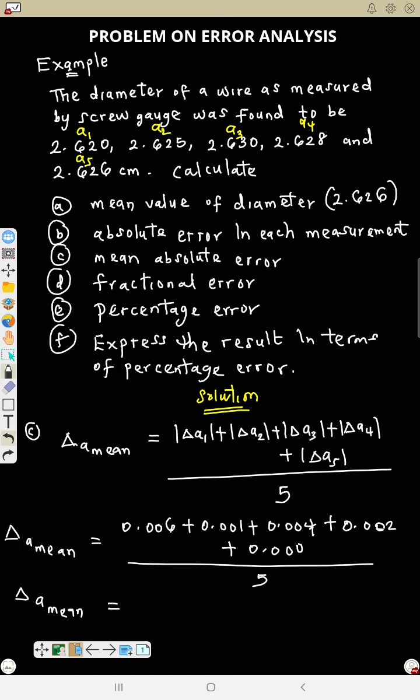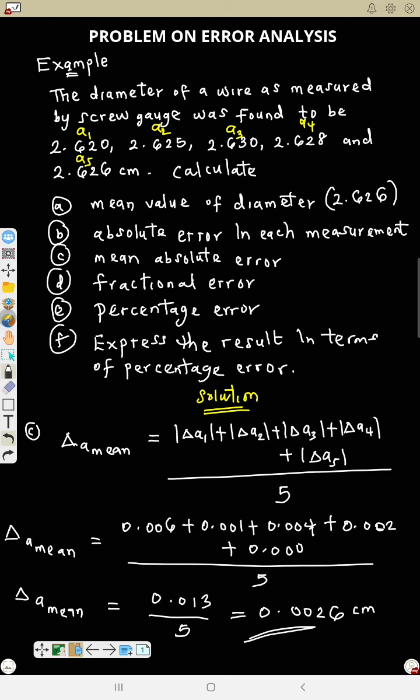If you add everything, you get 0.013 divided by 5. So that is 0.0026 centimeter. That is our mean absolute error.